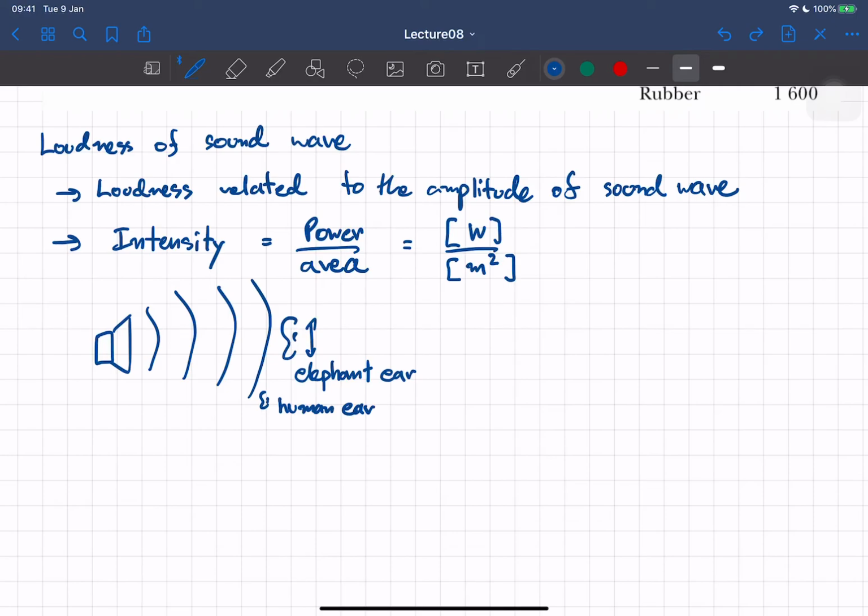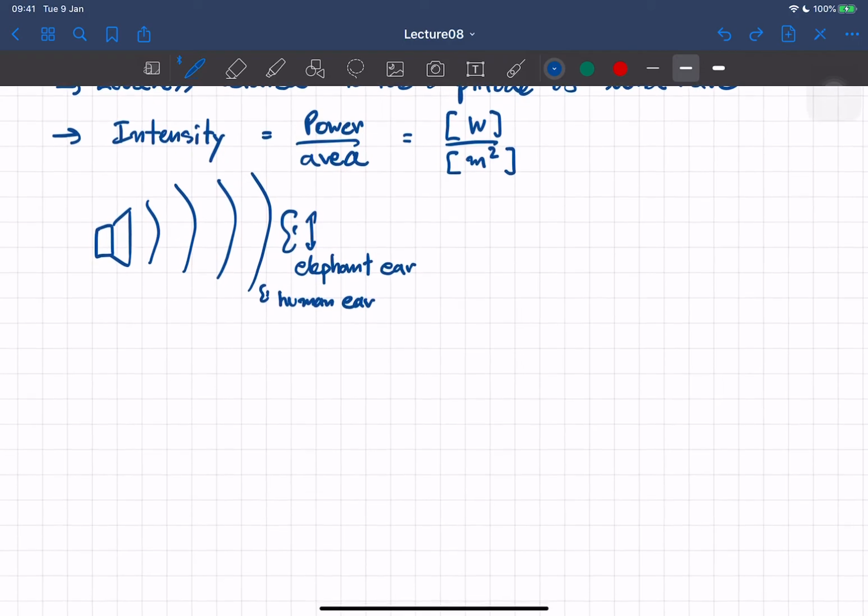And one important thing is, what happens if you move your detector? For example, if you have a speaker again, and at one moment in time you are standing here.